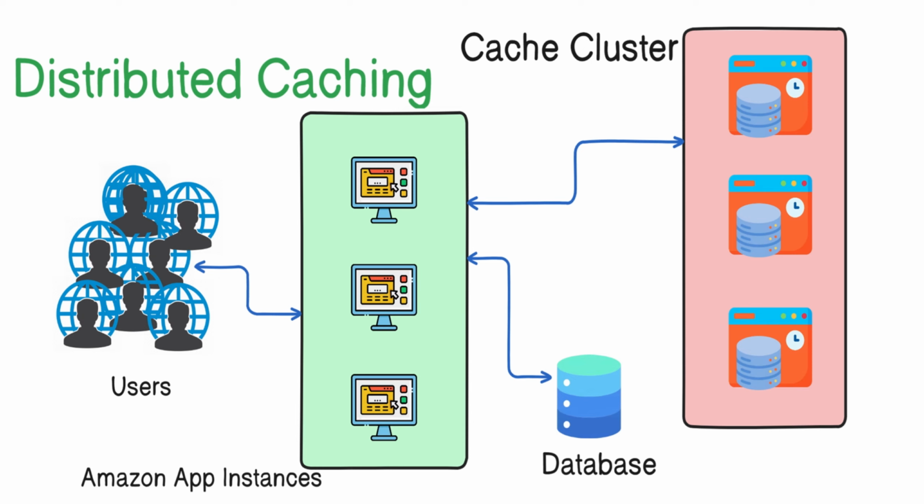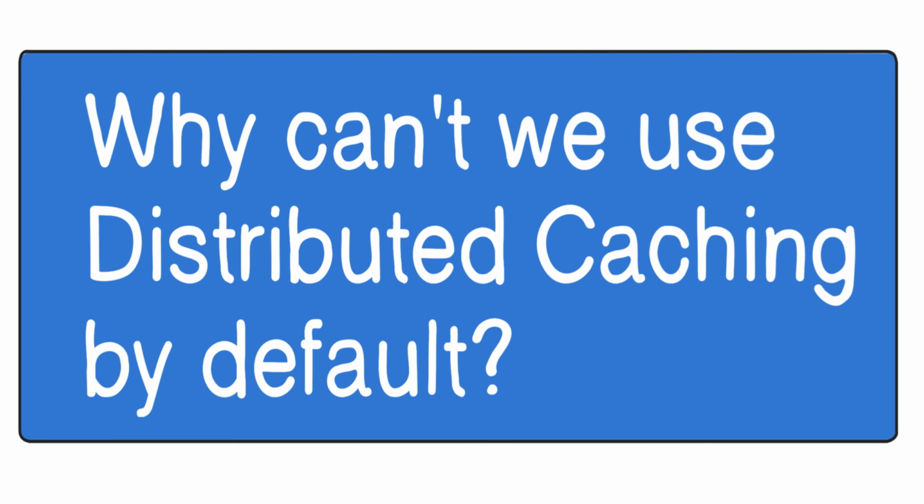So if distributed caching is so good, then why are we not using it everywhere instead of a single instance cache? Just like other things, distributed caching also has specific use cases. It is similar to whether you should use monolithic application architecture or microservice architecture. Microservices are great, but they come with great complexity to manage.